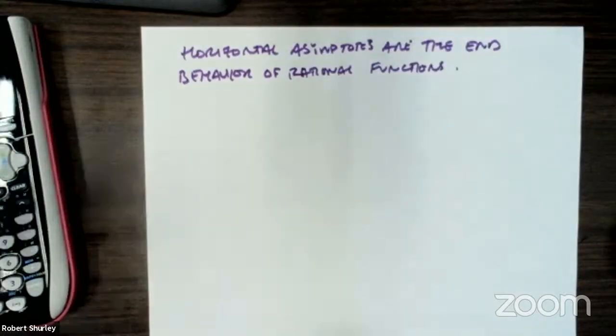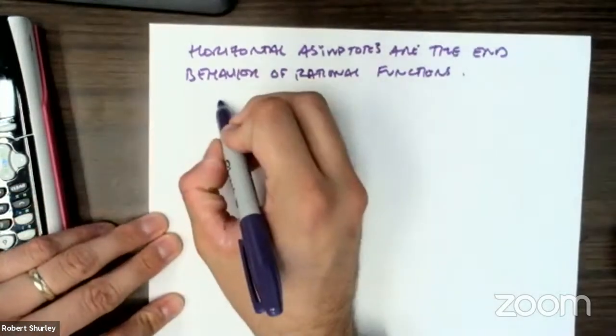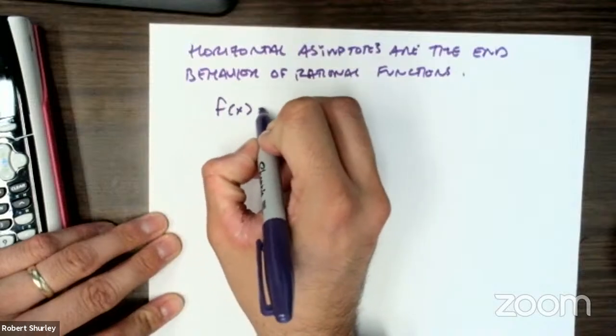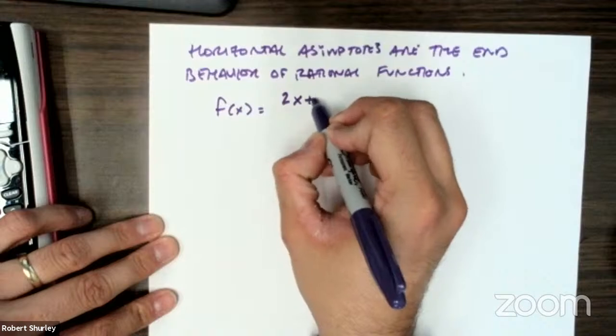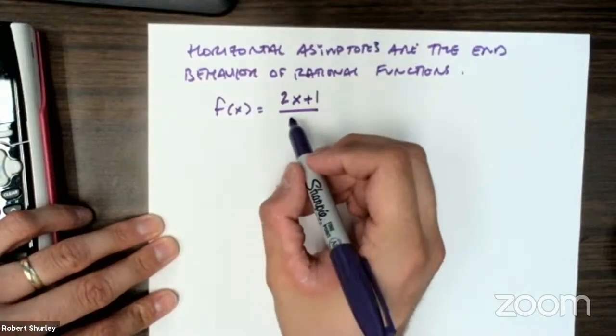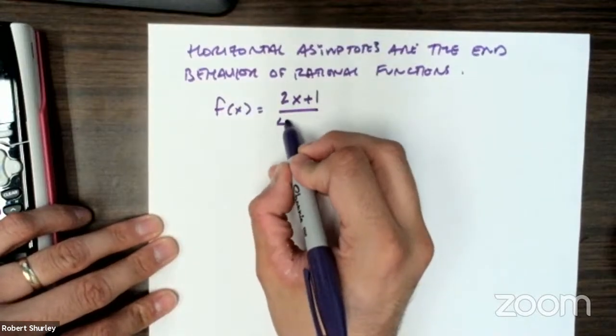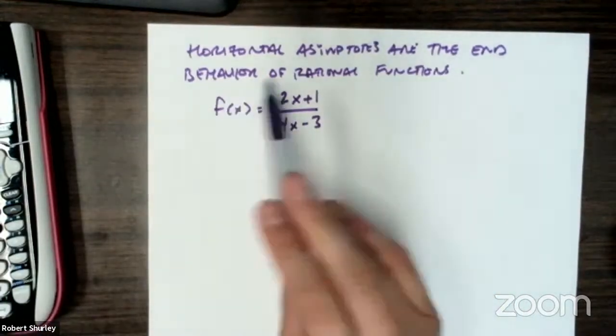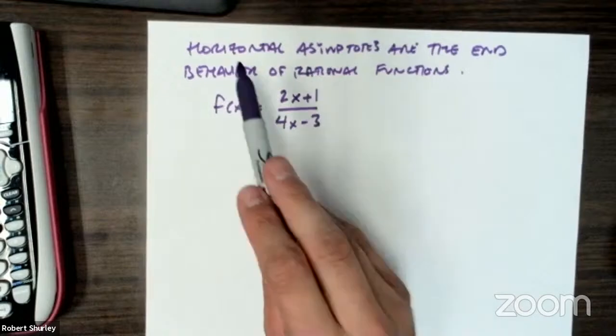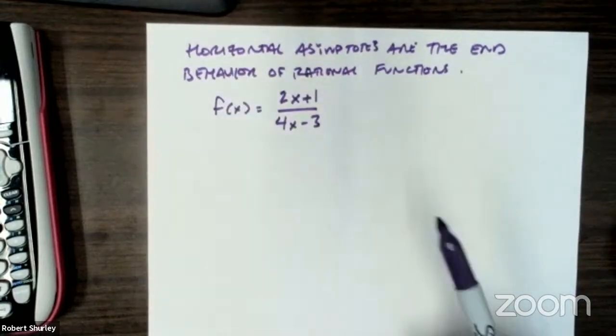Let me show you what I'm talking about. So if I had, let's say, f of x equals, we'll do an easy one here, (2x + 1) over (4x - 3). Now, again, I'm not worried about that denominator for the horizontal asymptote.